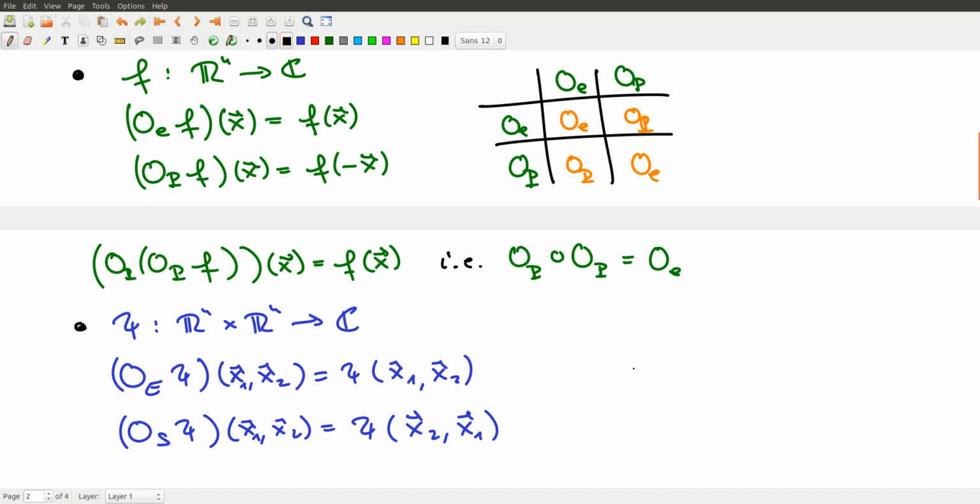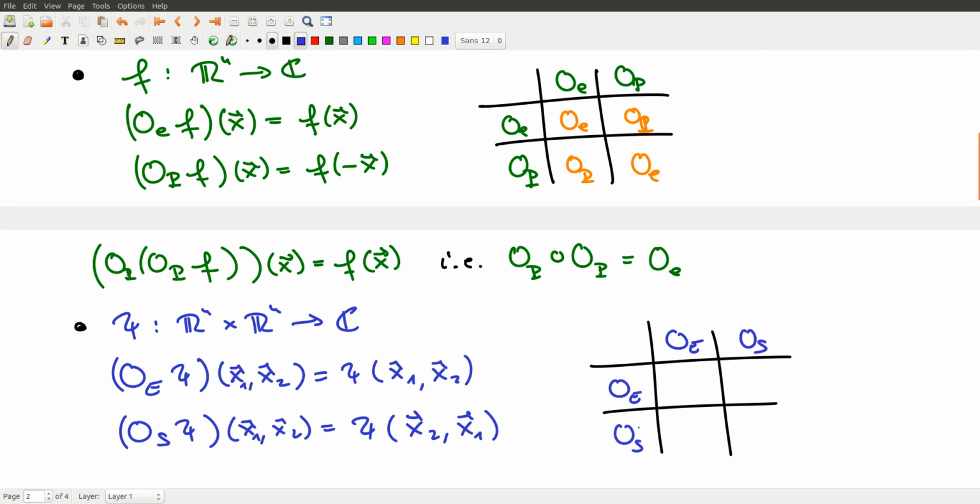And once more, we have this group table. O_E, O_S, O_E, O_S, the labels for lines and columns, and the entries are O_E, O_S, O_S, and O_S squared is O_E.